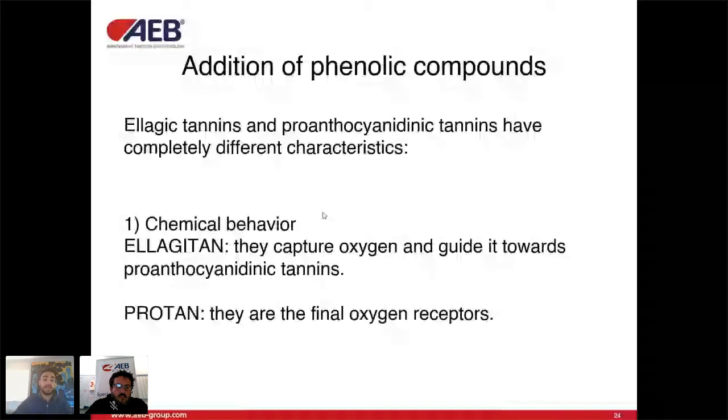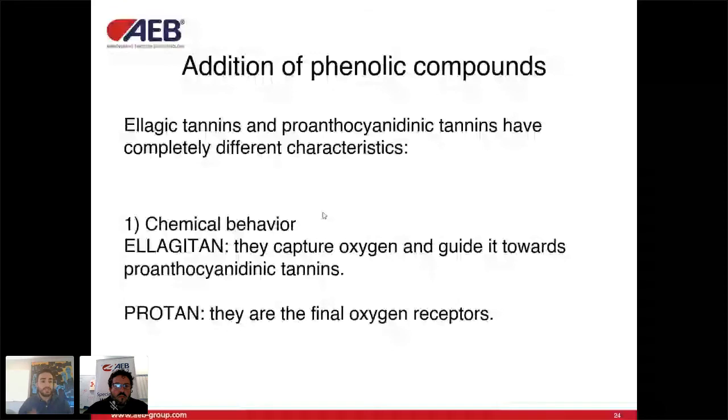Then the acetaldehyde reacts with the proanthocyanidic tannins, creating the complex and stabilizing the color. So IAB created different lines of ellagic tannins and proanthocyanidic tannins to address this specific task.